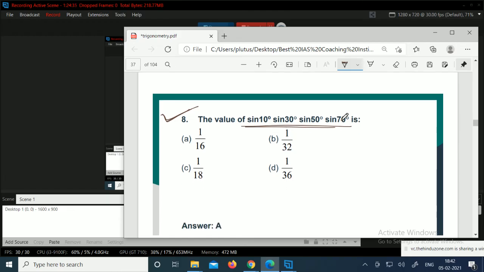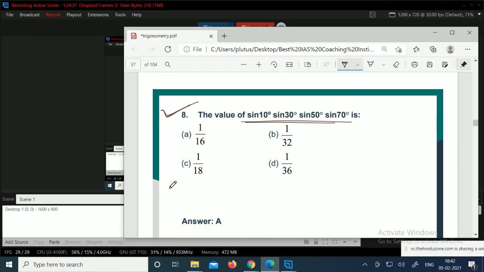So can we compare this with our own series? Basically the whole angles are in sine theta, so we use the sine series. Sine theta sine 60 minus theta into sine 60 plus theta is equal to 1 by 4 sine 3 theta. So now tell me, sine 30 is known to us, that is equal to 1 by 2, isn't it?